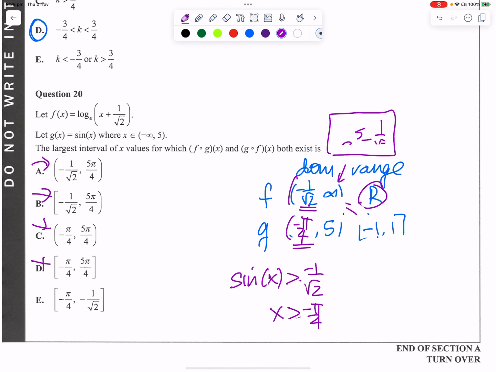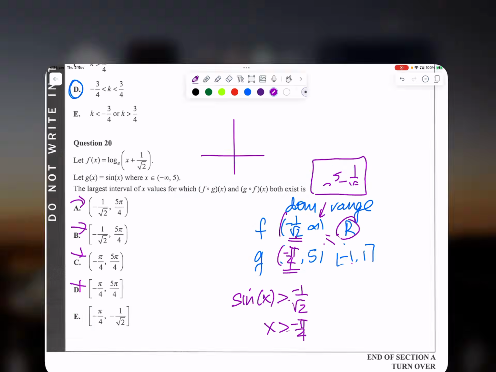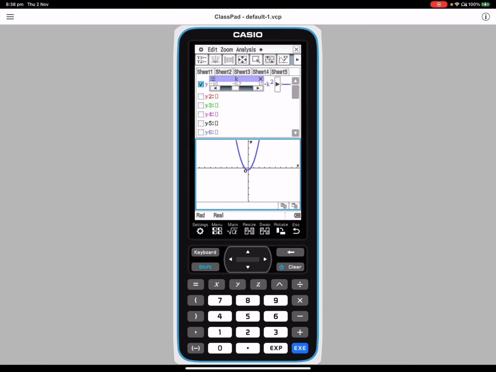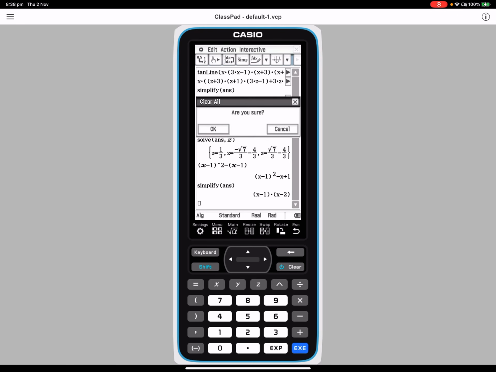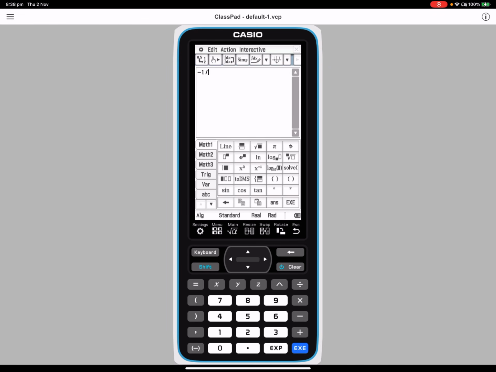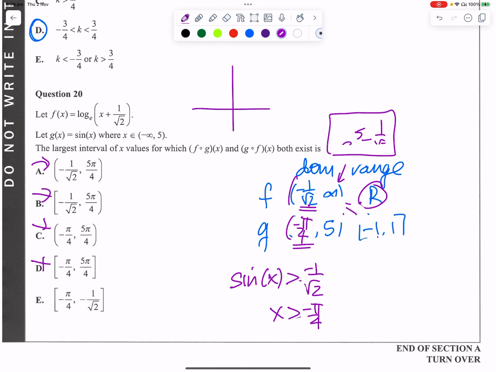Basically what we need to do is work out which one of these is closer to the origin. So if I have negative 1 on root 2, there's my root 2, we get that negative pi on 4. So our domain's got to be the smaller of the two. So it's got to be negative 1 on root 2.